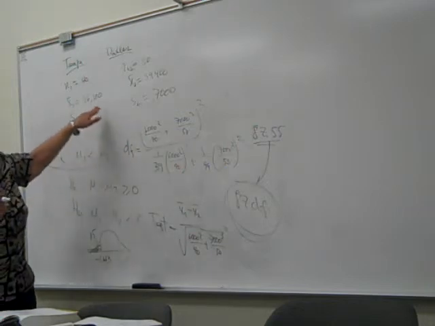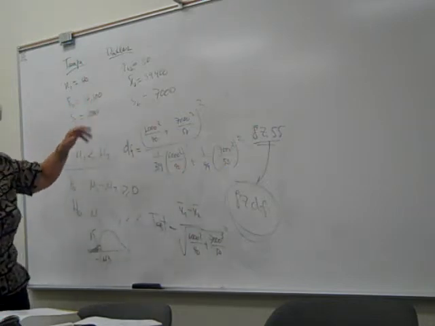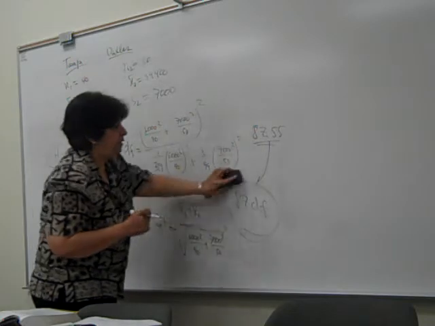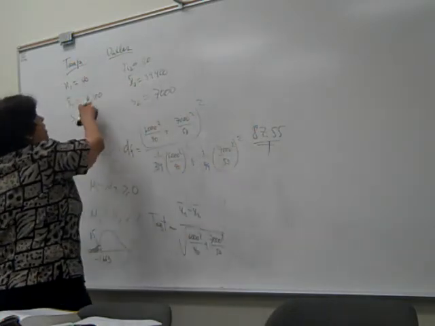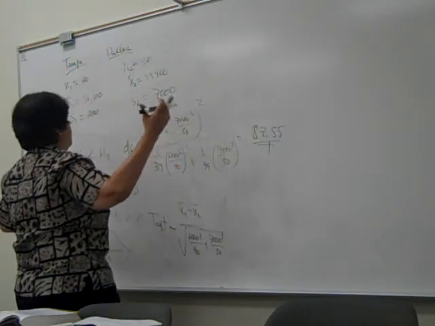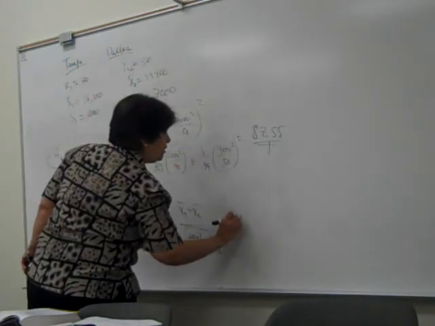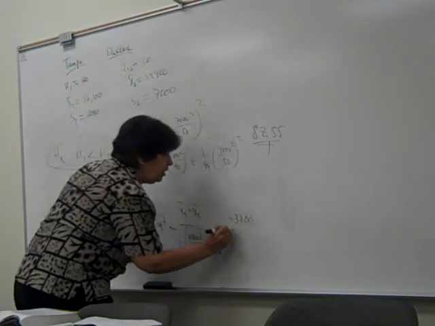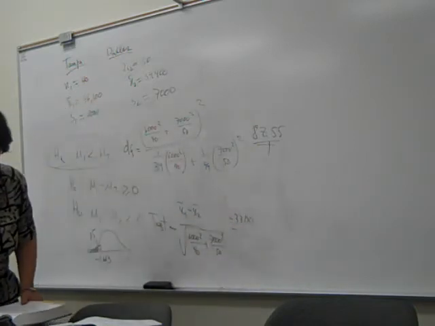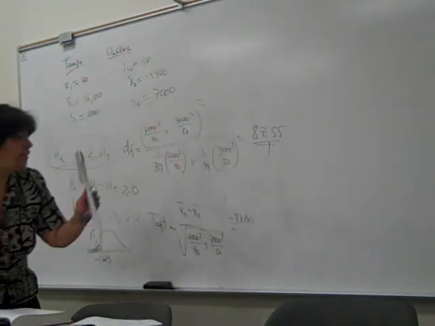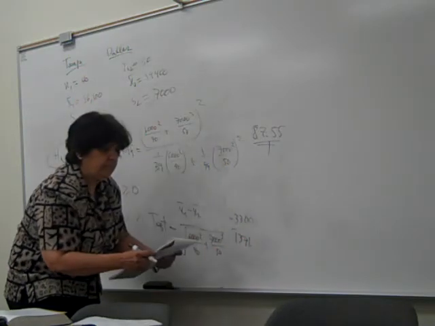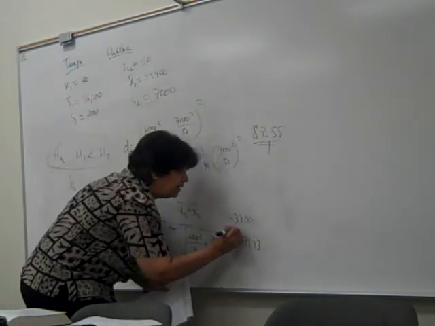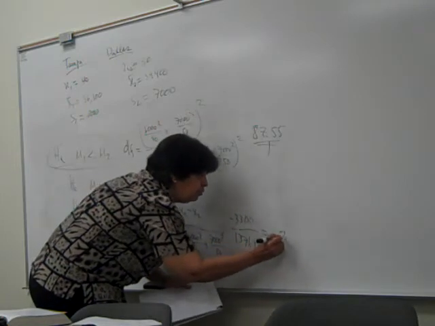And x1 minus x2 is what? 56,100 minus 59,400 is negative 3,300, divided by this, and this I already have, is 1371.13, I guess, and that is a negative 2.4.